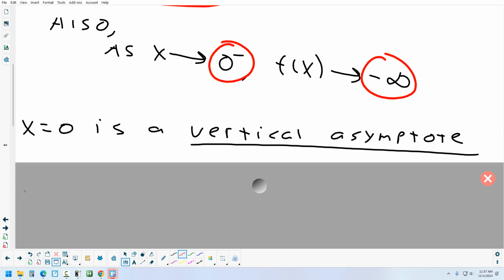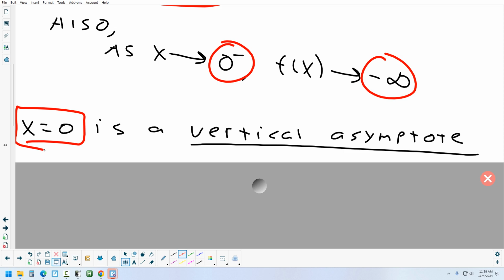What else? A vertical asymptote is always written with an x by itself on the left. So on the test, if I ask you for the equation of a vertical asymptote and you put y equals, it's got to be x equals. Y equals would be what? That's horizontal.